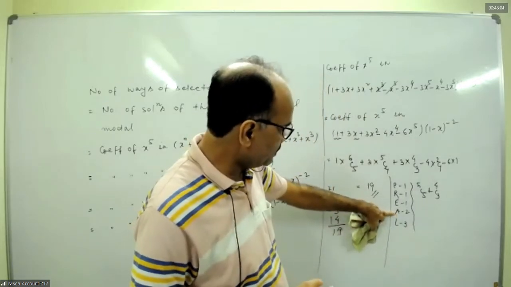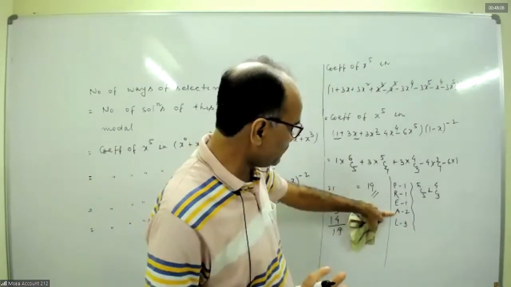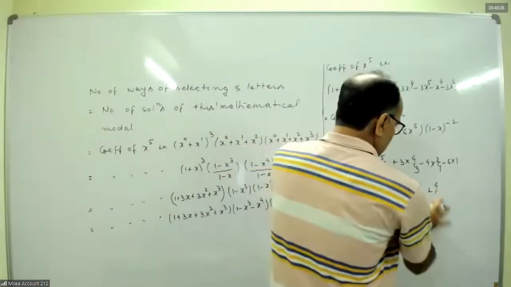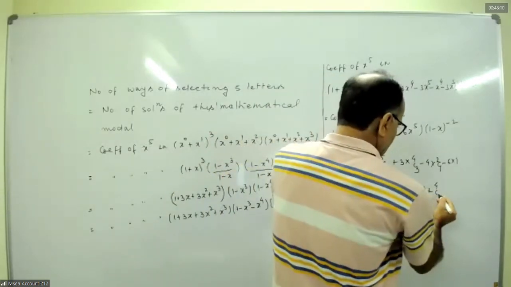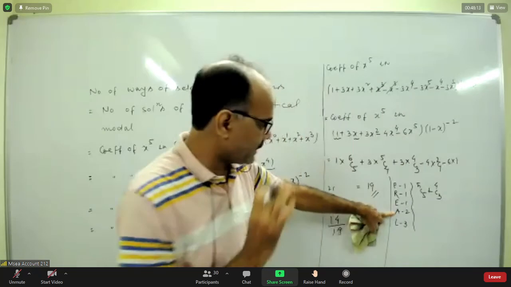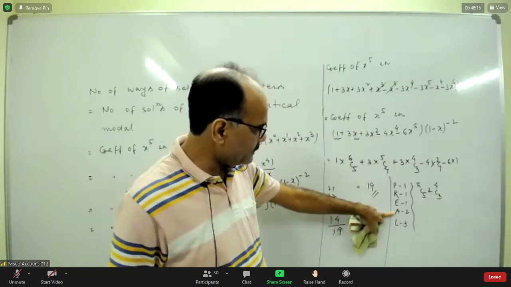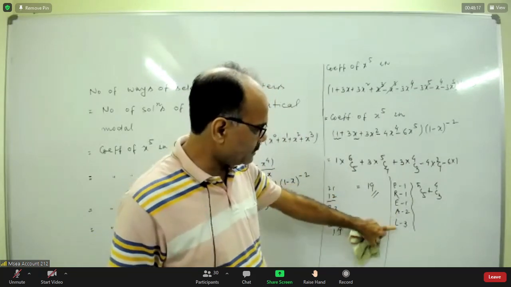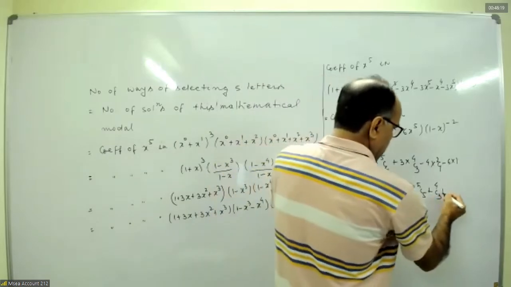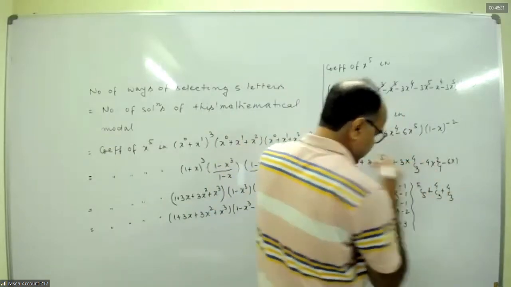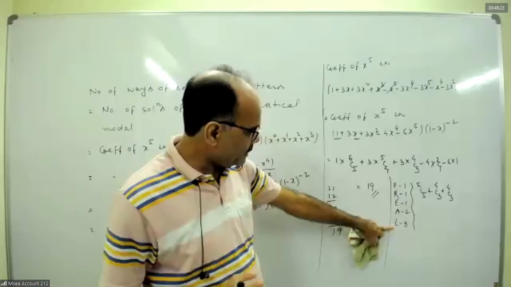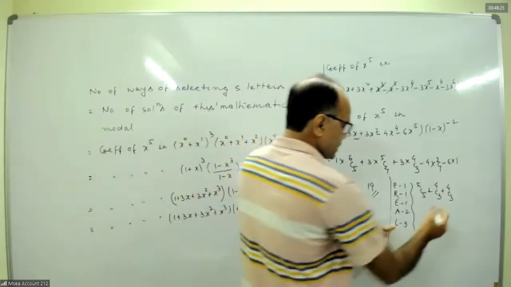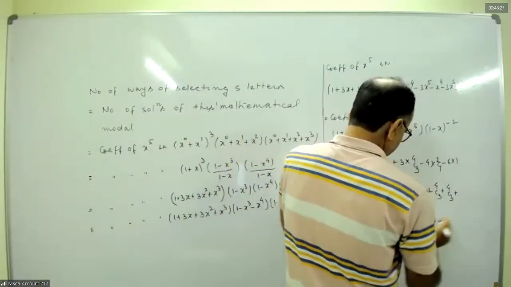Then 2 else 3 distinct over 3 else 2 distinct, 4C2.